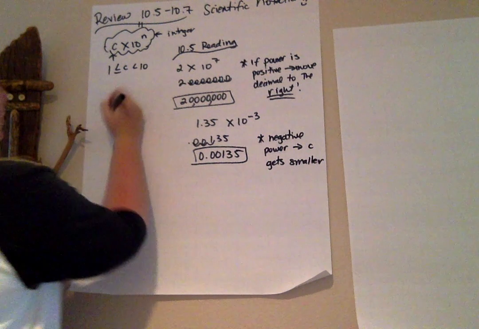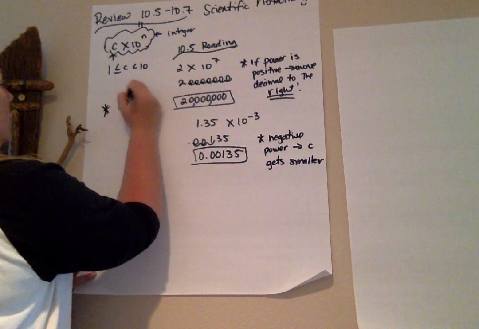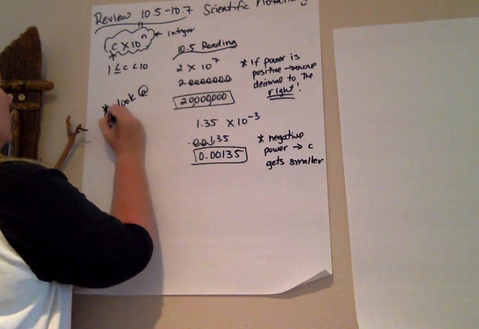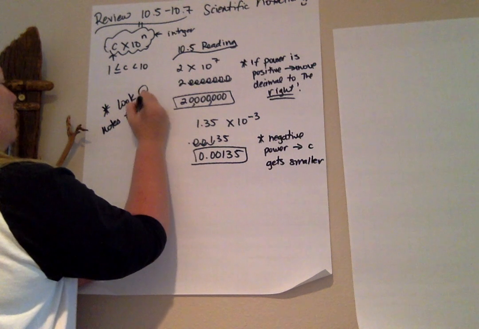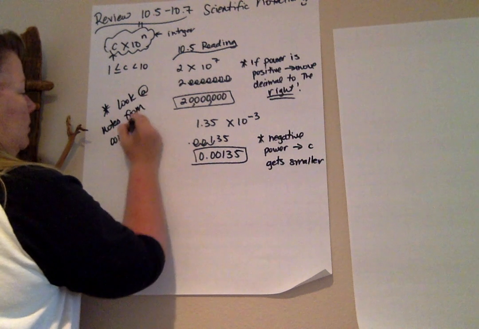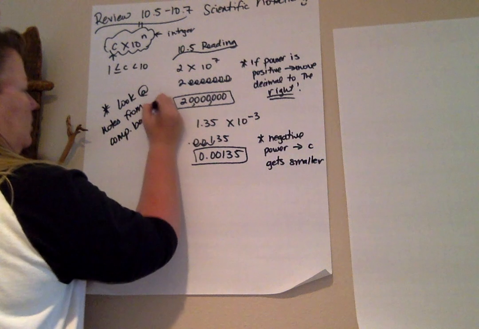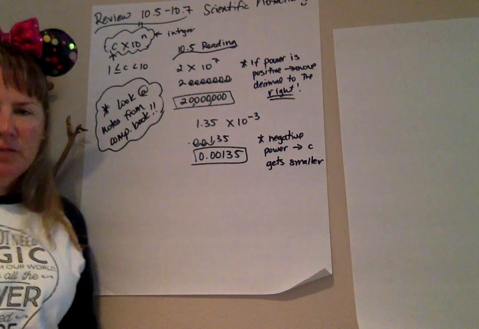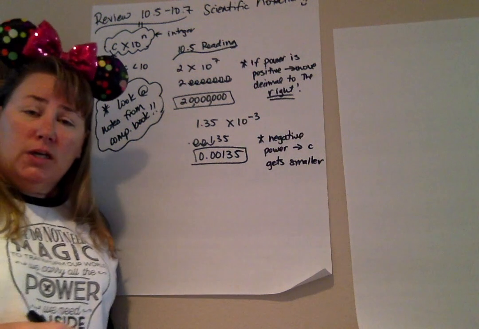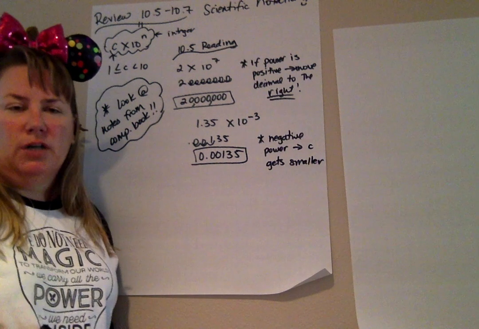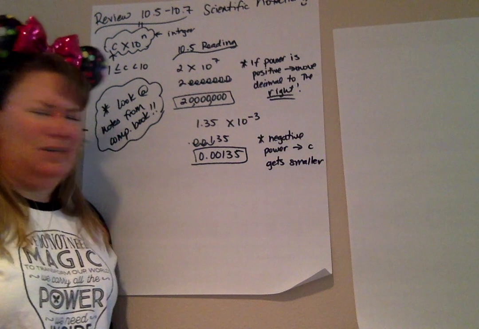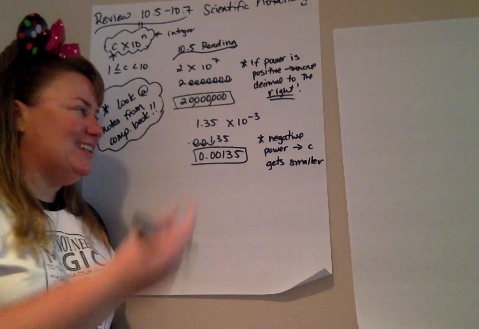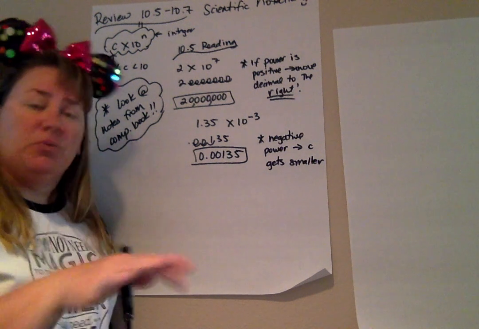If you have no idea what I'm talking about, the notes are all in your Google Classroom under composition book. I take pictures of what I do and then I post them in there.